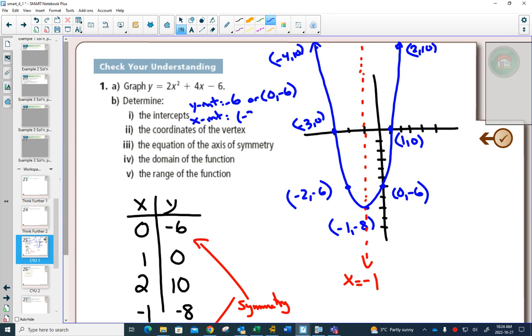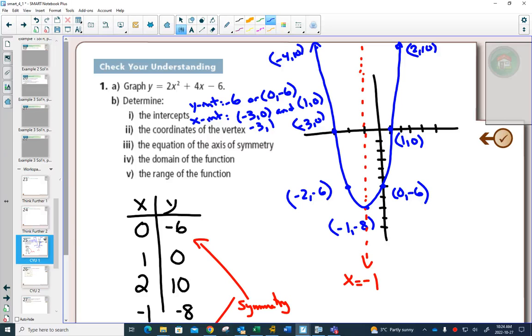There's one at -3, 0, and there's another one at 1, 0. And again, you could either write them as coordinates or write them just as x equals -3 and x equals 1. Both of those would be fine.